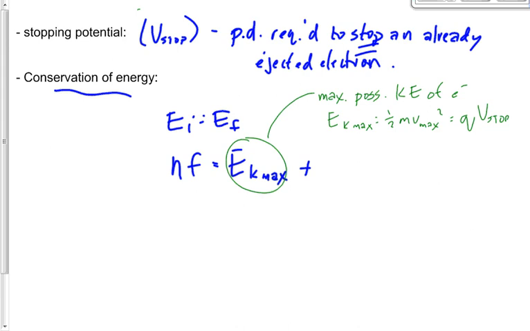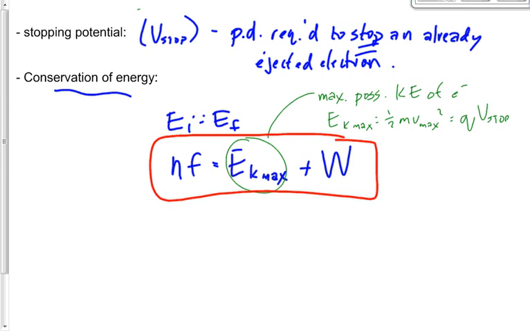Okay, if we started with 10 joules and we used up 3 joules, how much are we going to have left? 7. So 10 is equal to 7 plus 3, whatever we have left plus whatever we used up in the process. What's the energy that we used up in the process called? The work function. So HF is equal to EK max plus W. We might replace HF with HC over lambda.